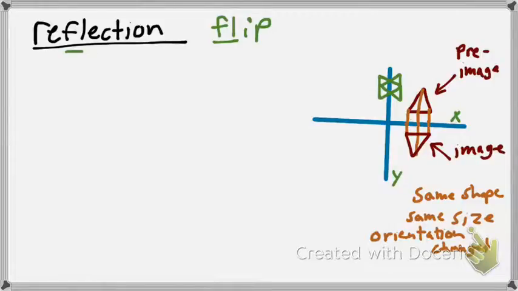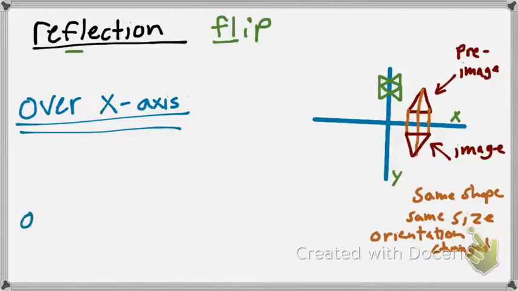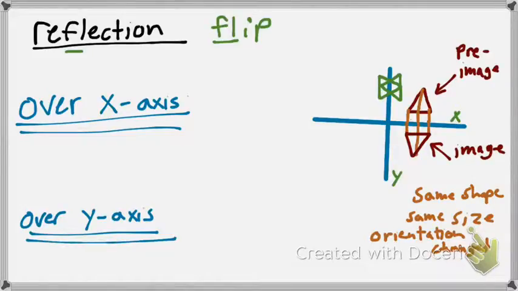So in an algebraic representation, we're going to look first at reflecting over the x-axis, and then over the y-axis. If we're going to reflect over the x-axis, then we're going to take our original points, x and y, and flip the sign on the opposite coordinate.